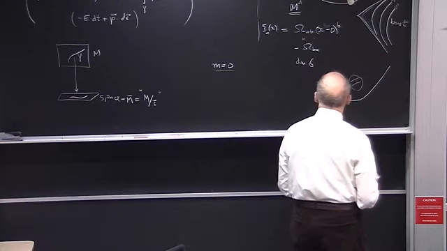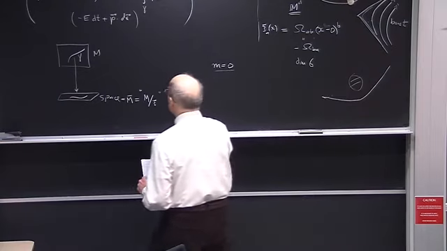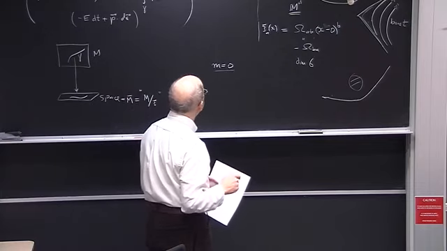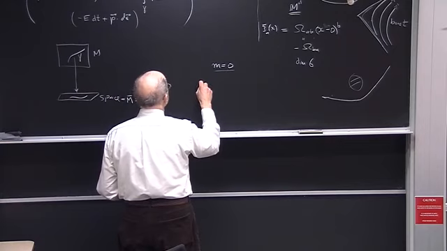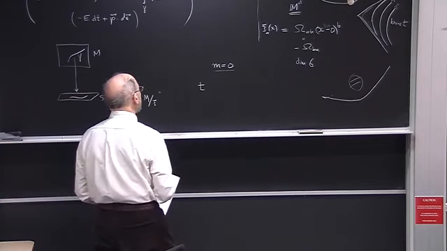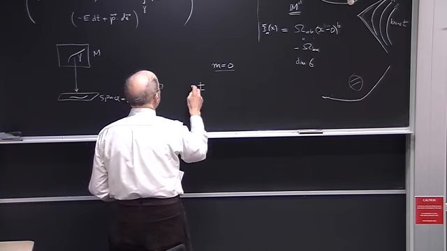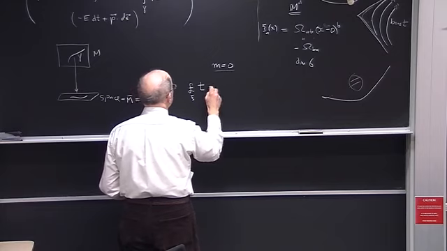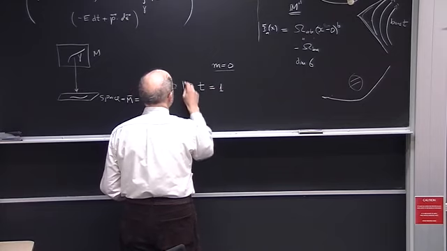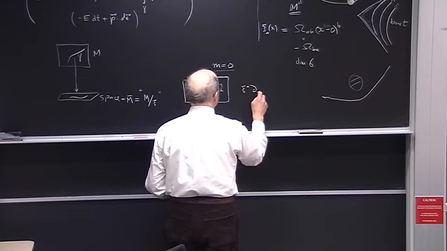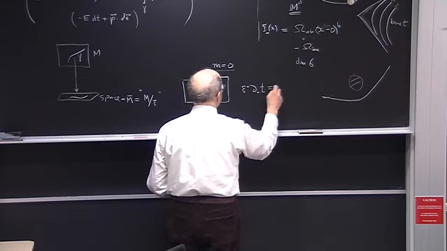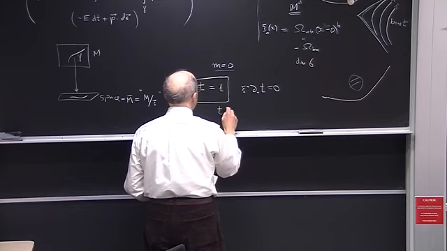Where time means time in this Killing sense, it's the time coordinate. If I think of t as a function on the manifold, it's the one such that the Lie derivative along c of t is equal to 1, which, remember, we can write as c^a grad_a t equals 1, where I'm treating t here as a coordinate function.